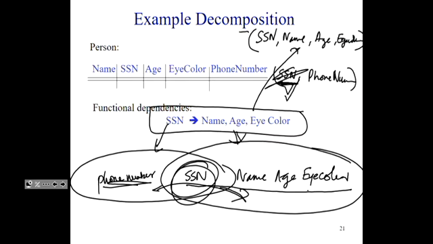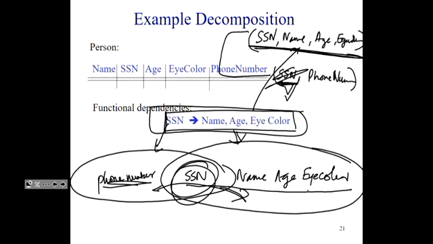Okay, so now I have these two relations. Is this in Boyce-Codd normal form? Well, it is, because the only functional dependency that applies to this is this functional dependency, right? SSN implies name, age, eye color, and trivially that is in Boyce-Codd normal form because SSN is a super key.